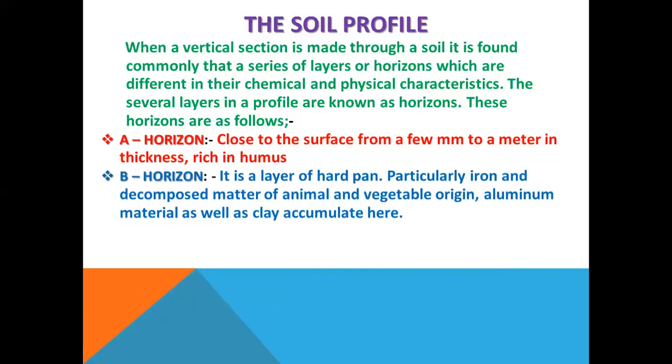Number two, B horizon. It's a layer of hard pan, particularly iron and decomposed matter of animals and vegetable origin, aluminum material, as well as clay accumulate here.